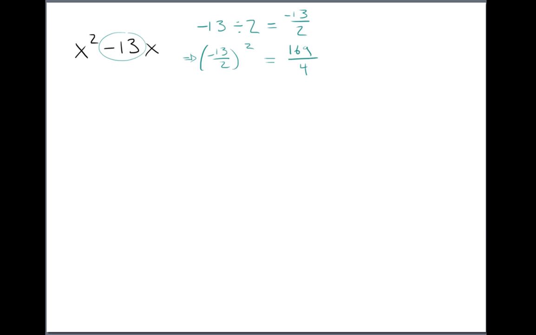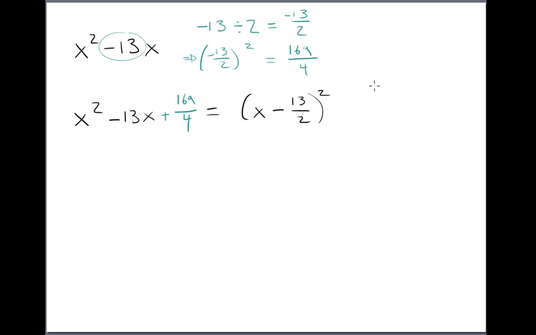I guess that's what we're going to add to both sides. So we'd have x squared minus 13x, both sides, listen to me, I'm already starting to solve these things, plus 169 divided by 4, that's going to be x minus 13 over 2 quantity squared. That's how that would factor out.